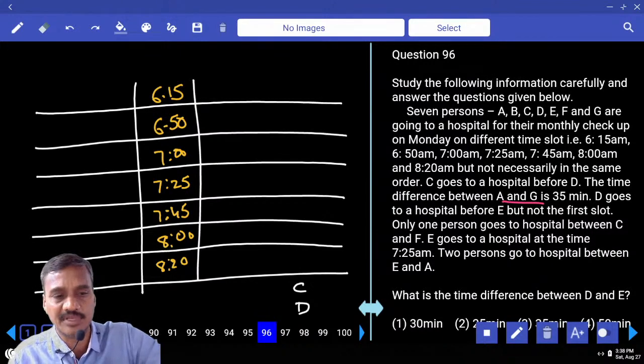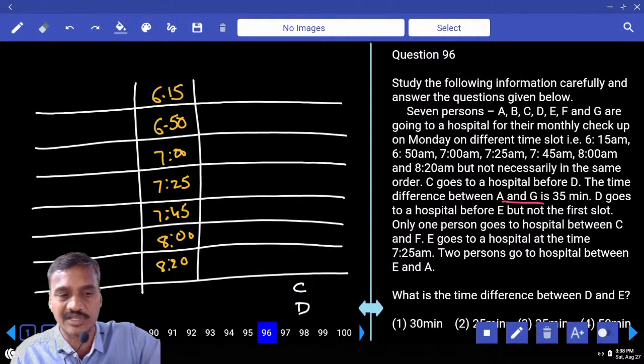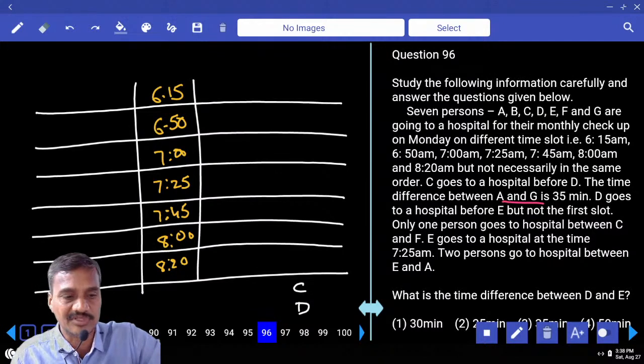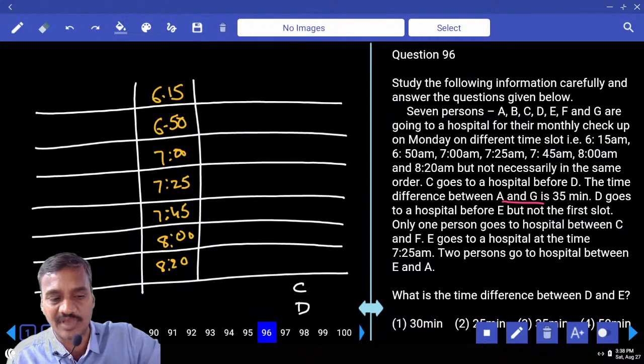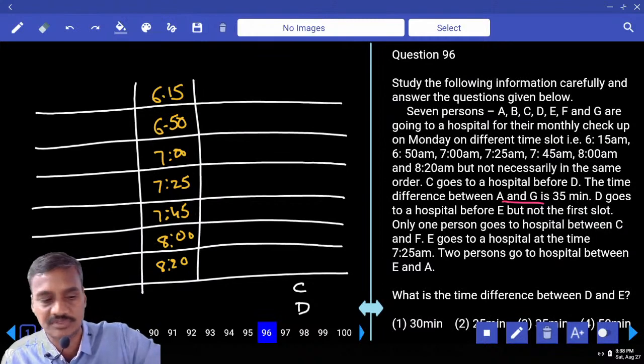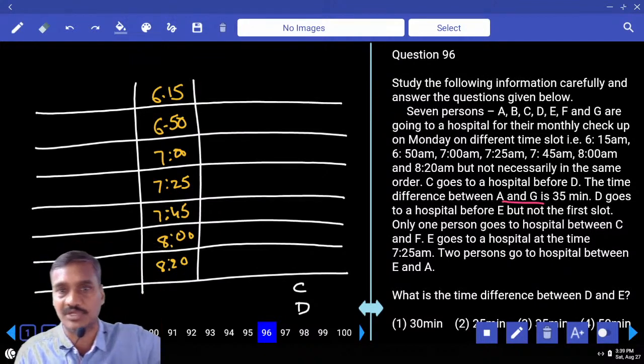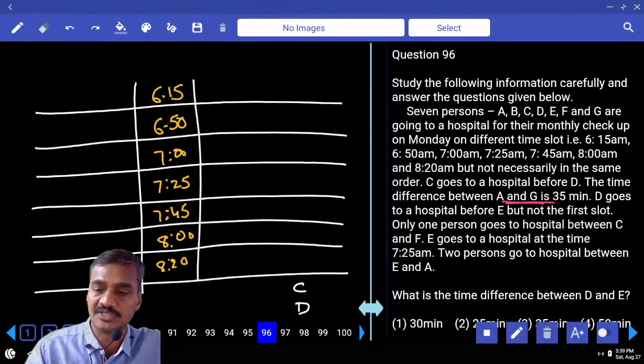Now A and G can be 6:15, 6:50. Next 6:50 and 35, 7:25 is also possible. 7:25 and 35 gives 8 o'clock. And 7:45 and 8:20, 15 plus 20 is 35. How many possibilities? 4 different possibilities, and as of now, we cannot represent this data.